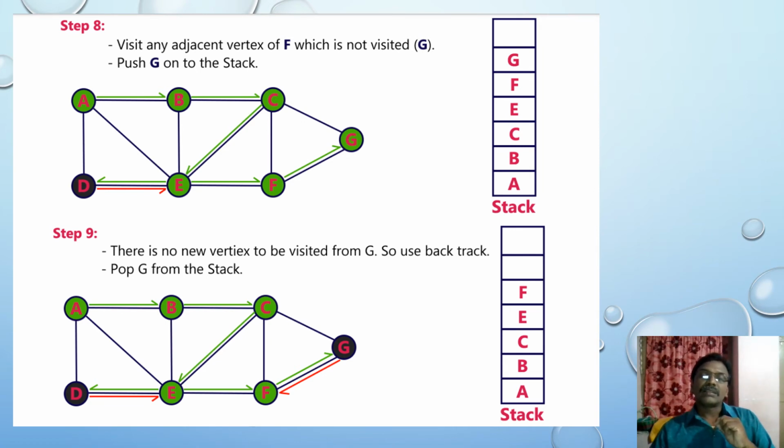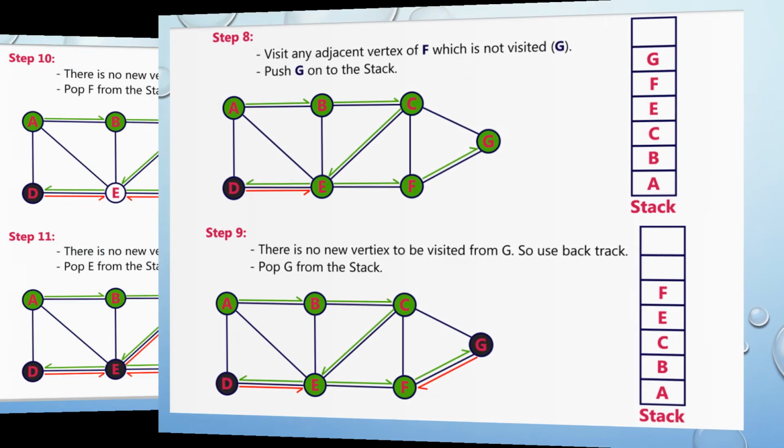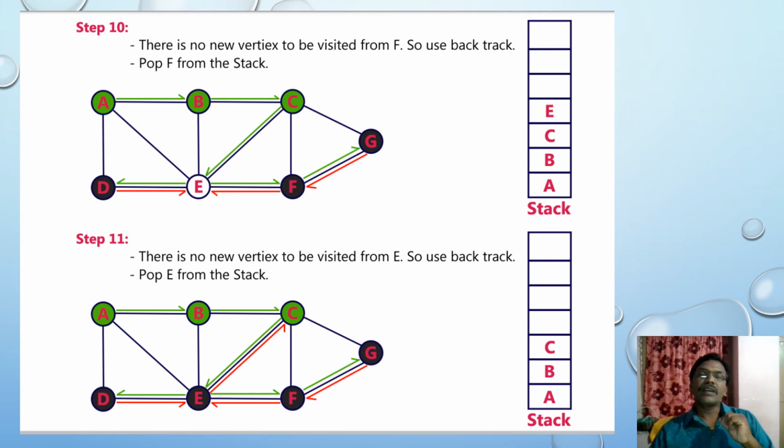Then G's existing vertices are C and F, both visited vertices. So using backtrack, that means the previously visited vertex, that is F, G is popped. Again at F, check the existing vertices E, C, and G, but all are visited vertices.